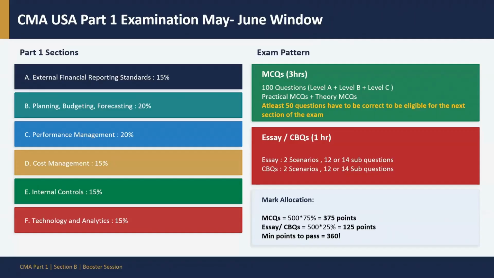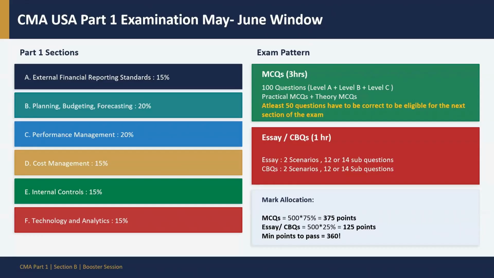So now let me give you a small tip. When you are attending your examination, suppose you have answered 80% of your MCQs properly. Then you will be entering into your essay or CBQ sections. Once you enter into essay or CBQs, you will not be able to get back to your MCQ questions. Once the MCQ section is done, it's done once and for all.